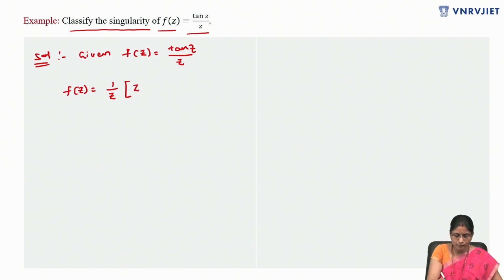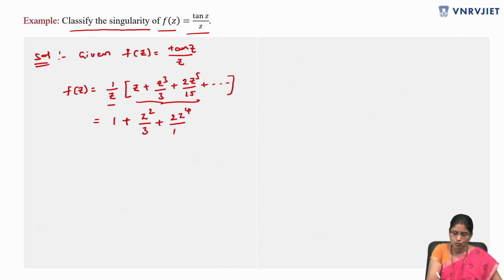So what is the expansion of tan z? z plus z cube by 3 plus 2z power 5 by 15 and so on. So multiply this whole expansion with 1 by z. We get 1 plus z square by 3 plus 2z power 4 by 15 and so on.